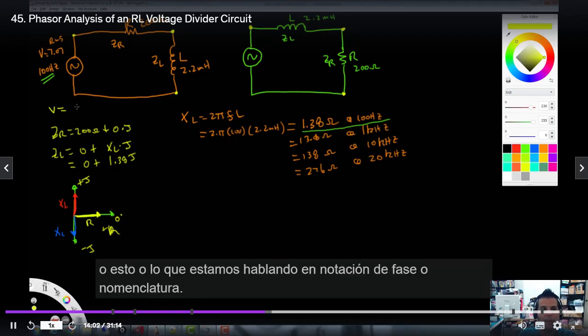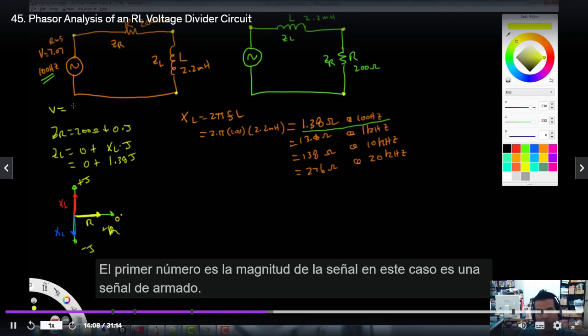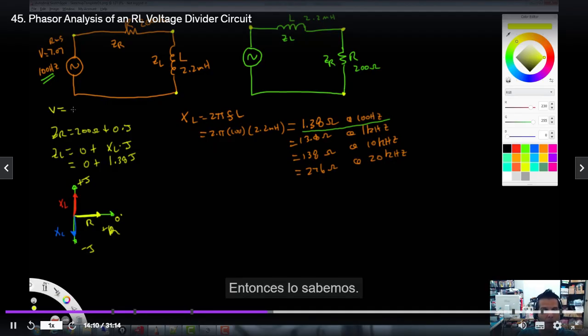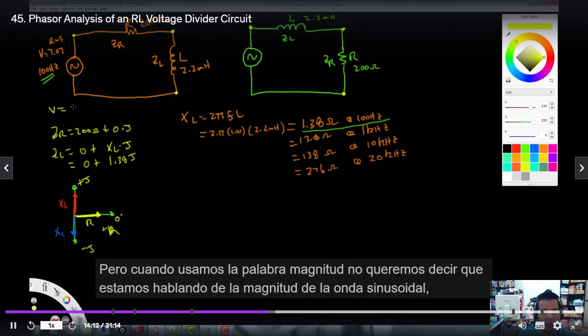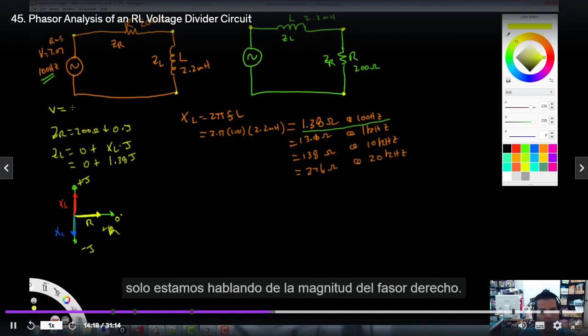We're just talking about, in phasor notation, the first number is the magnitude of the signal. In this case, it's an RMS signal, but when we use the word magnitude, we don't mean the sine wave magnitude, we're just talking about the magnitude of the phasor.